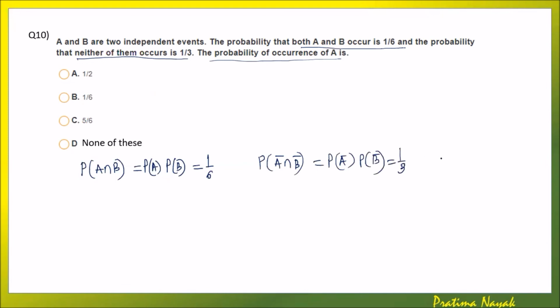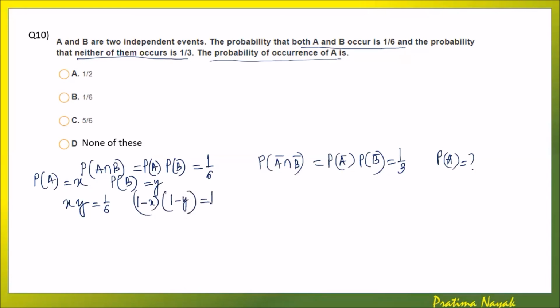Then you have to get what is P(A). So let P(A) and P(B) be denoted by X and Y. P(A) I am writing X and P(B) is equal to Y. Then what am I getting? I am getting X times Y is equal to 1 by 6, one relation. Another relation I am getting: (1 minus X) times (1 minus Y) is equal to 1 by 3.